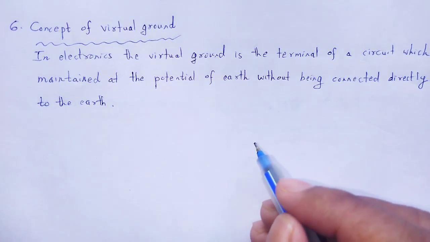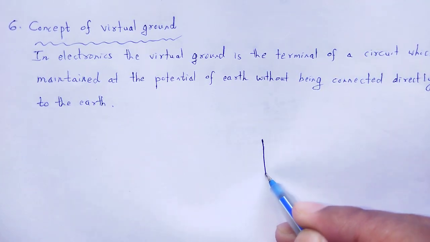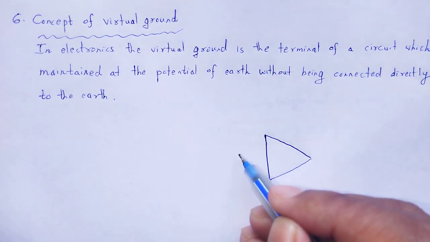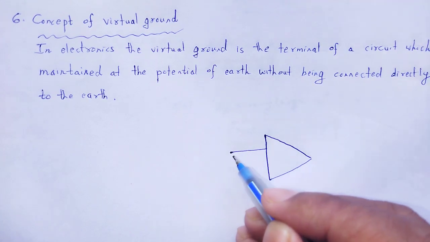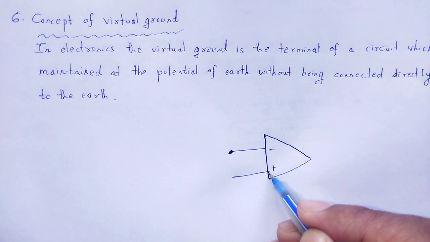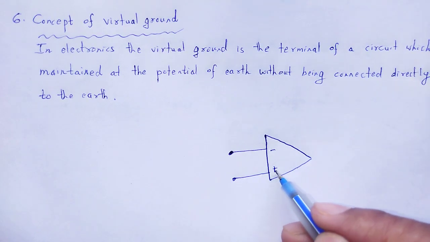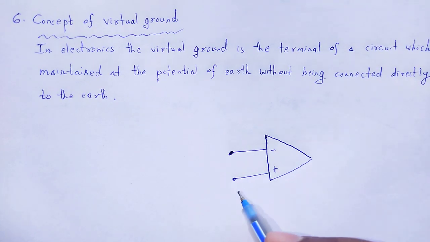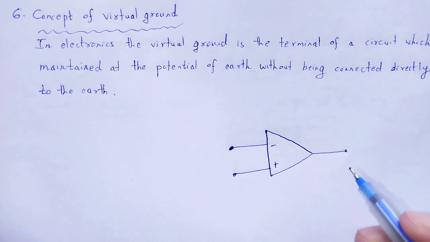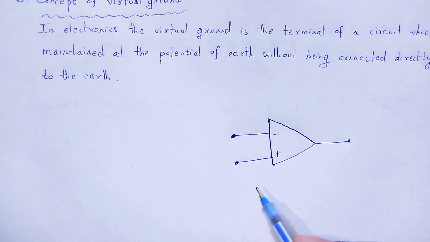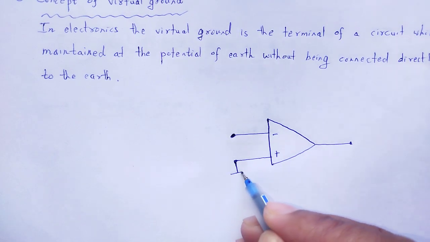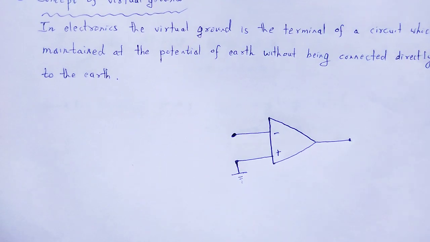Let us consider an op-amp. This is the non-inverting end, that is the inverting end, that is the output. Let us take the non-inverting end as grounded.